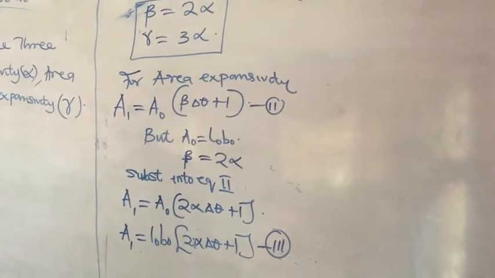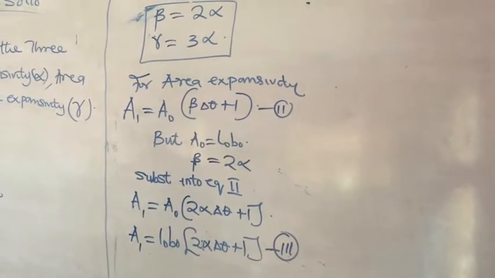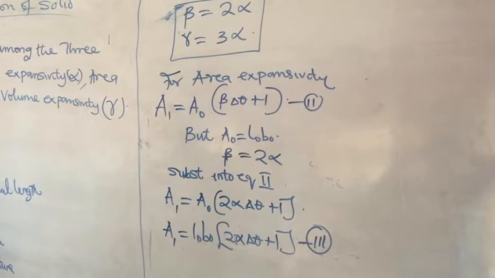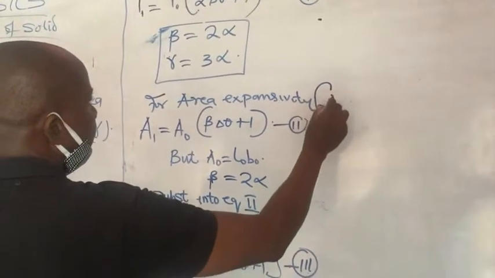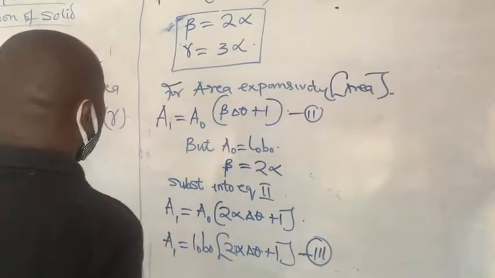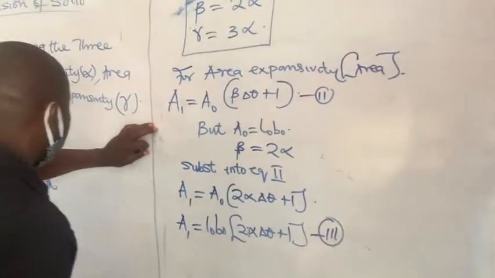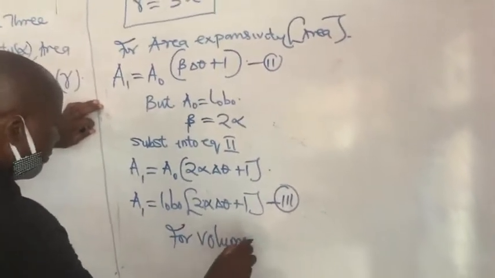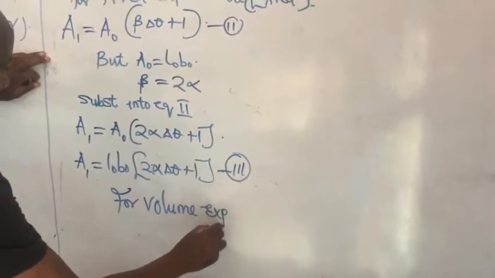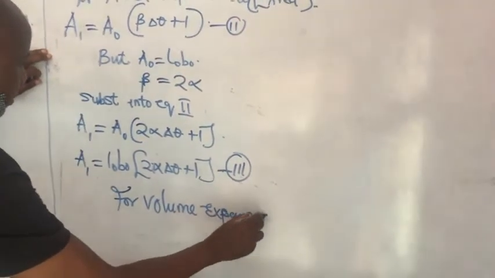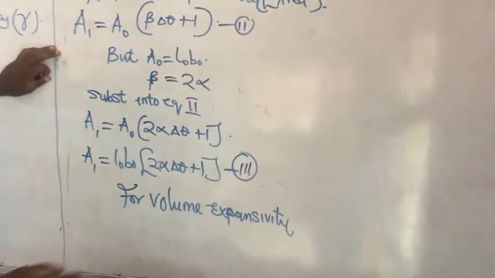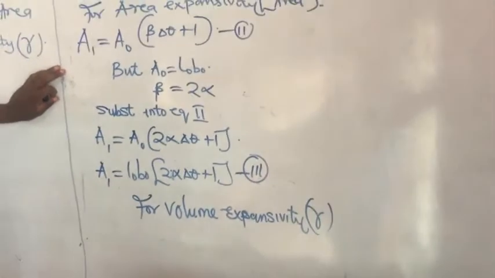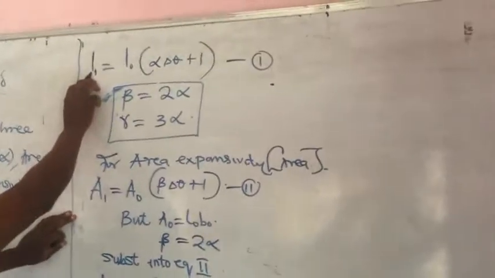So the last one is using gamma. Gamma talks about volume expansivity. Remember, this one talks about area, area expansivity. Then volume expansivity, which is gamma. Looking at equation 1 and 2, using L, I'm going to use V because we're dealing with volume.